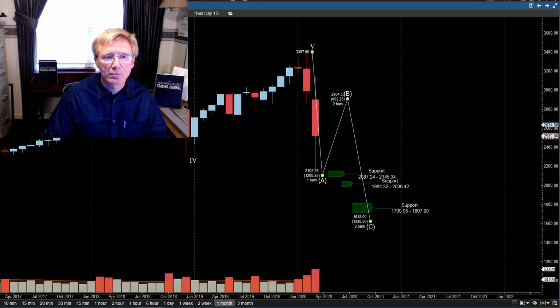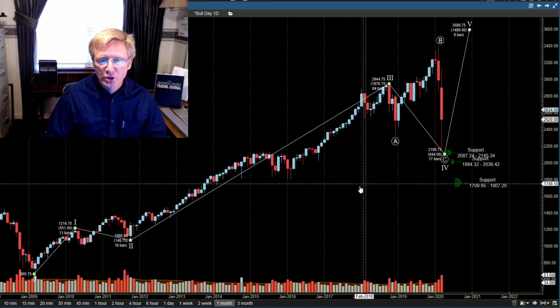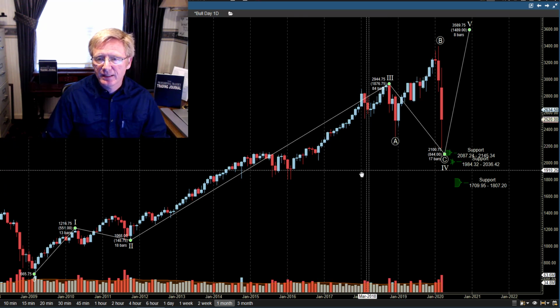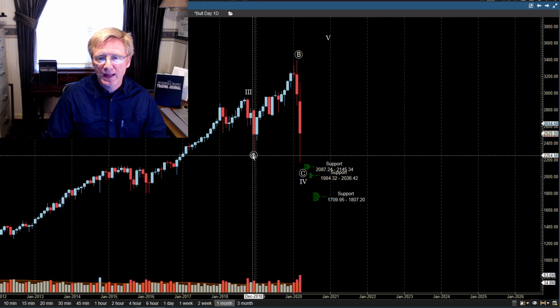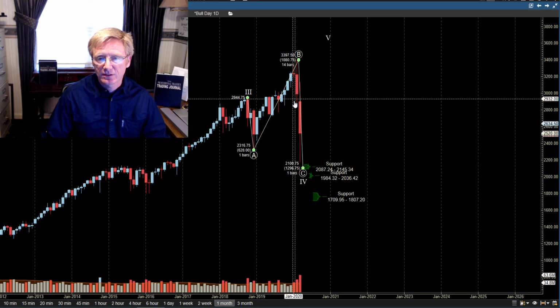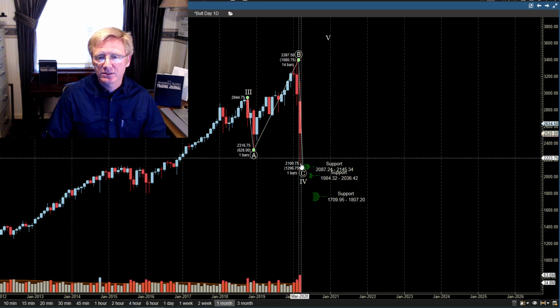Let's take a look at the bullish count. On the bullish count, here is your 1, 2, 3, but the 4 is not here. It's actually an A for a flat, A, B, C. And again, if this is a C wave, I don't think that it's complete yet. I think they're counting 4 waves in here instead of 5.